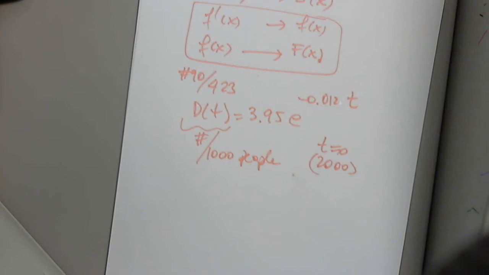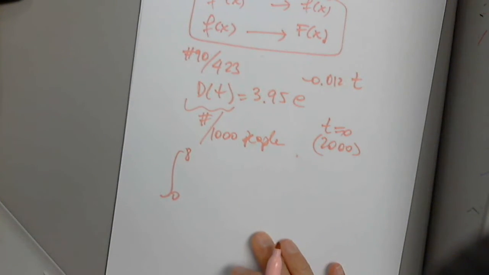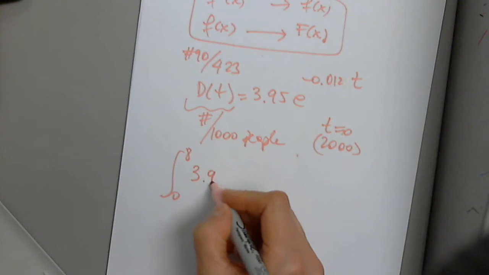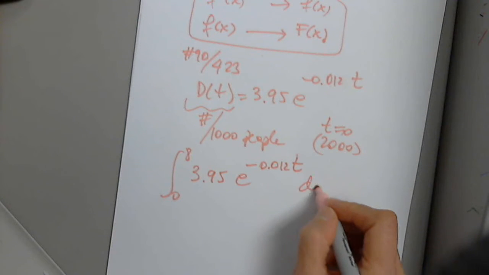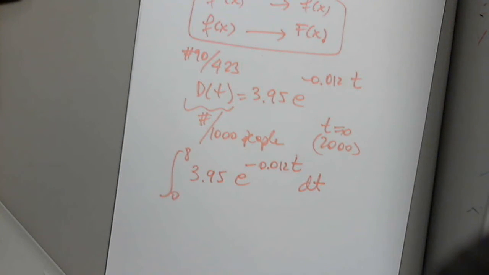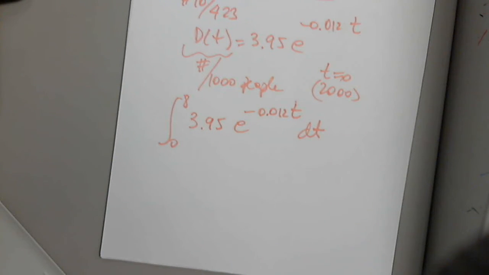Note that this is given by, so we are really asked to find the integral from 0 to 8 of 3.95 e to the negative 0.012 t dt. And then part B, find the total number of divorces in the United States between 2008 and 2016. I remember doing this problem. Let's do it again because it's an important situation.